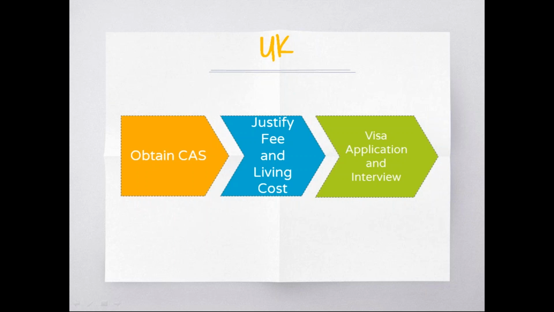Complete your online visa application form at www.gov.uk/apply-uk-visa. The next thing that you need to do is submit your completed visa application. As a part of the online visa application, you will book an appointment to attend in person and submit your documents.